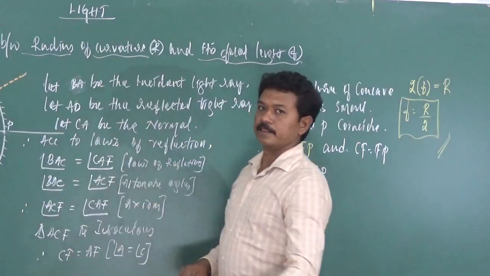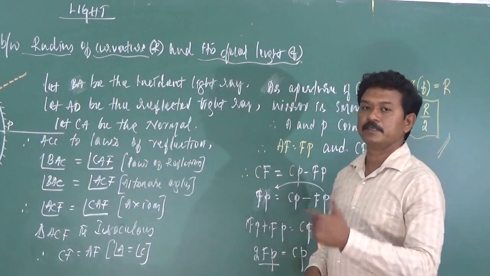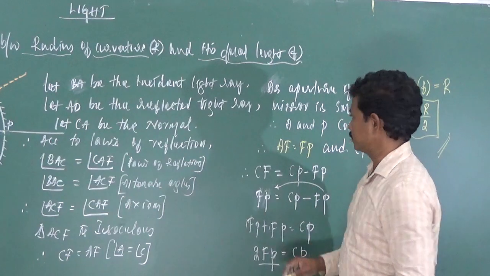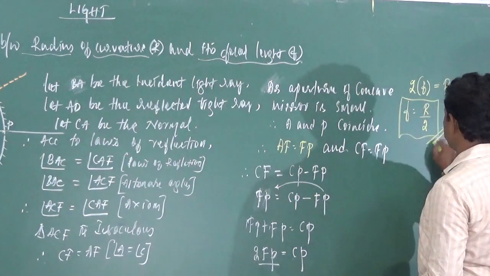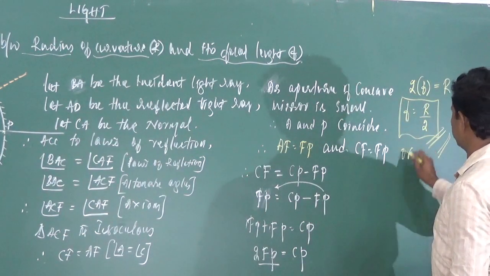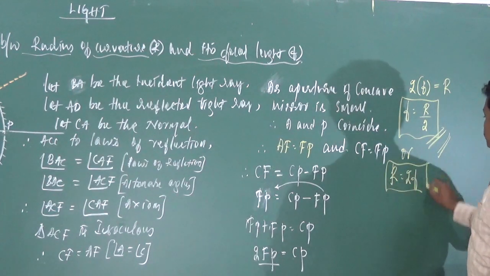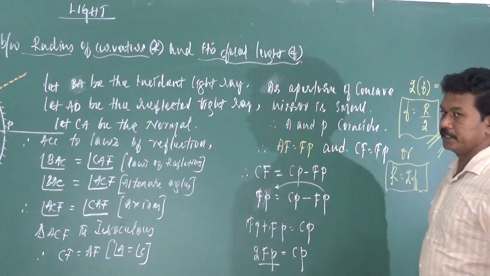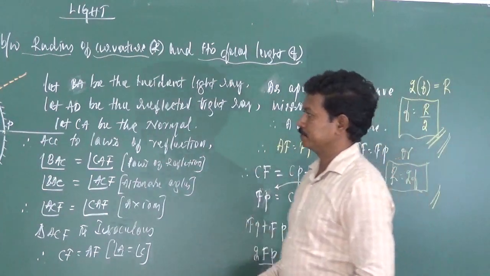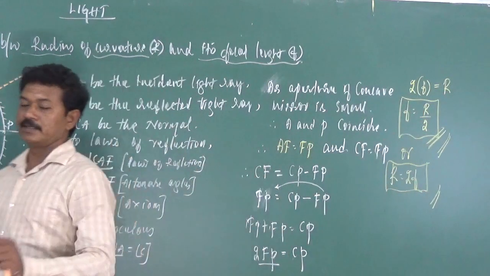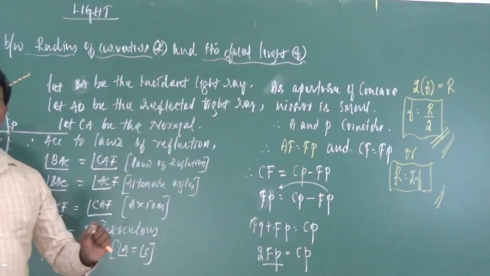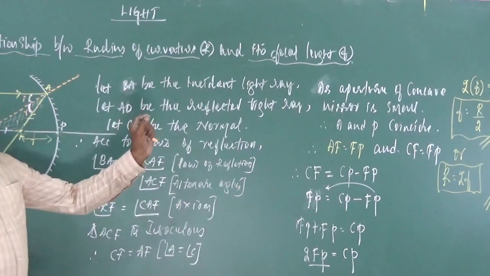So you have to remember this, F is equal to R by 2, or you can go with R is equal to 2F. You can also use this formula, wherever it is required. So this is the relationship between the radius of curvature and the focal length of the mirror.